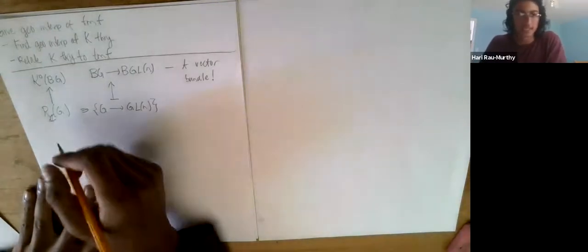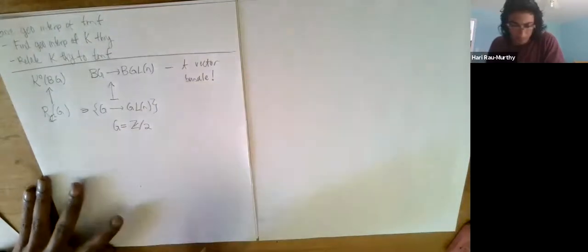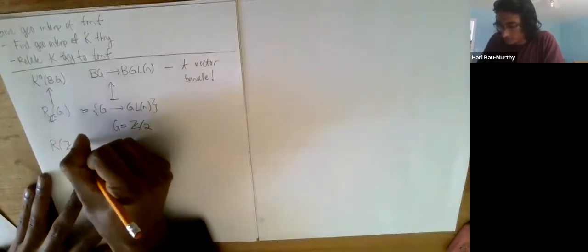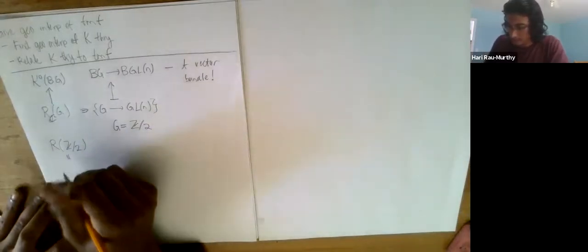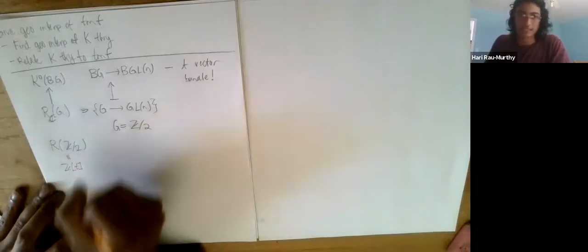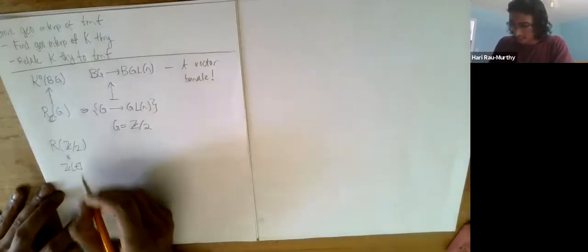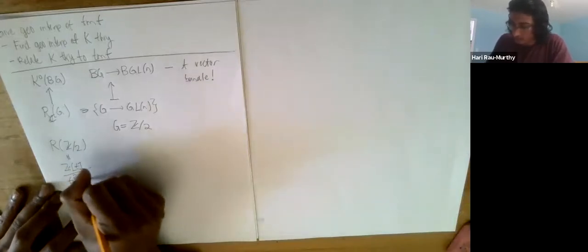Let me focus on the group Z mod 2 because it says a lot already. The representation ring of Z mod 2 is generated by the character e^(2πi x/2), so the square of that character is 1.